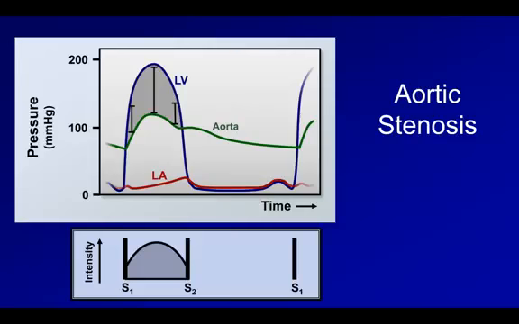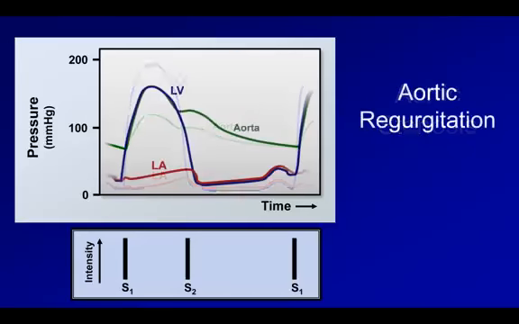This same analysis can be applied to every heart murmur. For example, here is aortic regurgitation. The turbulent flow here is occurring during diastole, when there is a pressure gradient between the aorta in green and the left ventricle in blue.